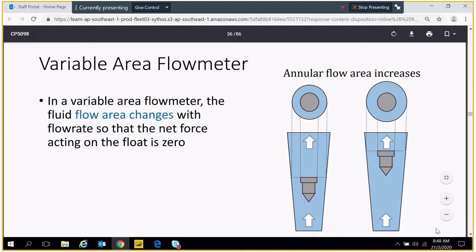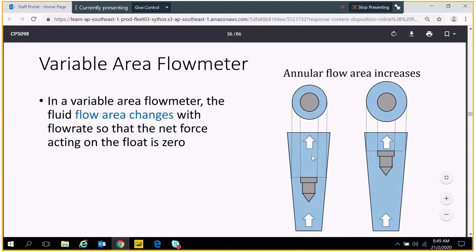By now you should know what an annular area is. This one is the float. The annular area is this area here. This is the glass wall. For example, this is a rotameter, and this is a glass wall. This is the top view of the float, the top surface of the float.